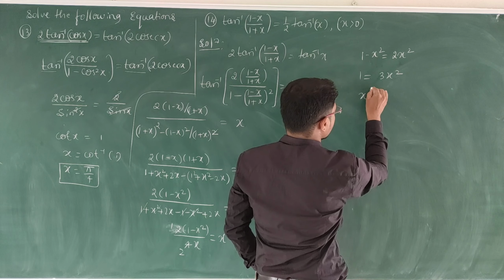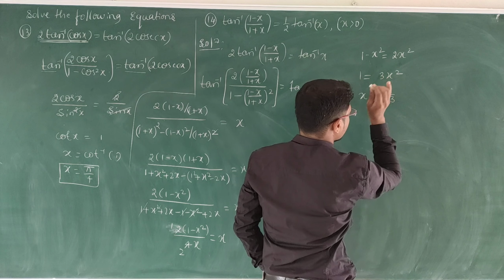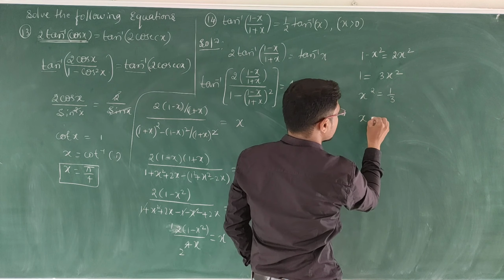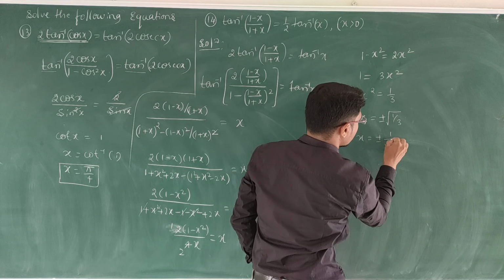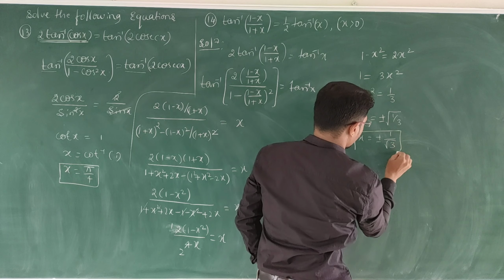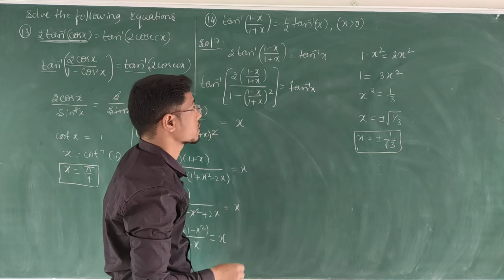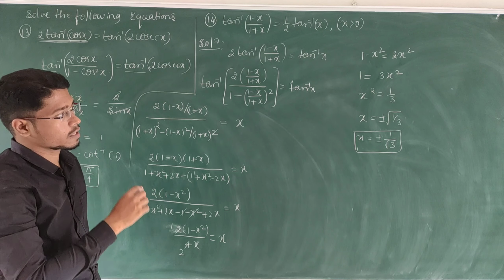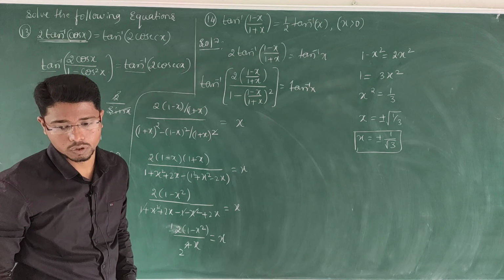So x square is equal to 1 upon 3, so x is equal to plus or minus root 1 by 3, that is plus or minus 1 upon root 3. So the value of x in this important question is x equal to plus or minus 1 upon root 3.